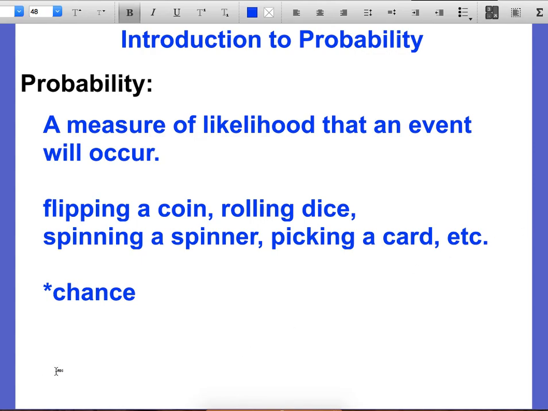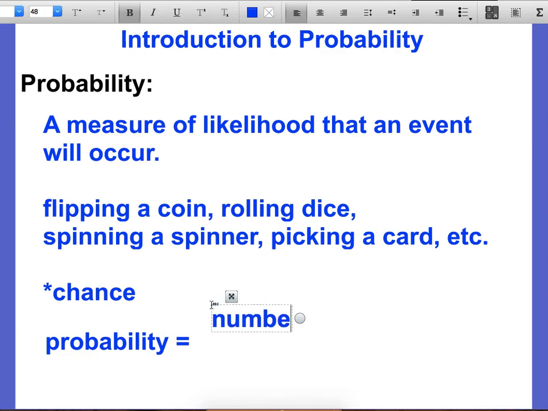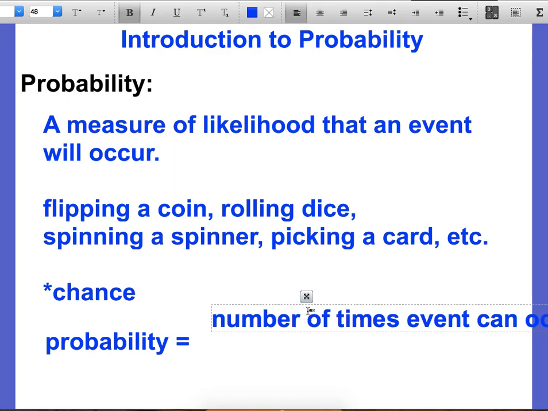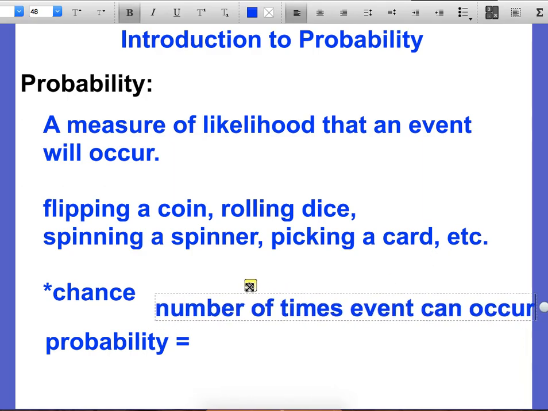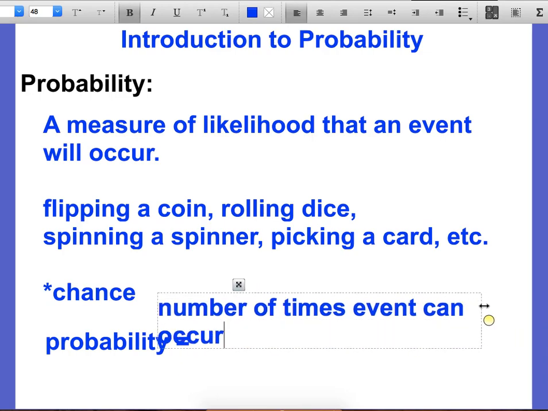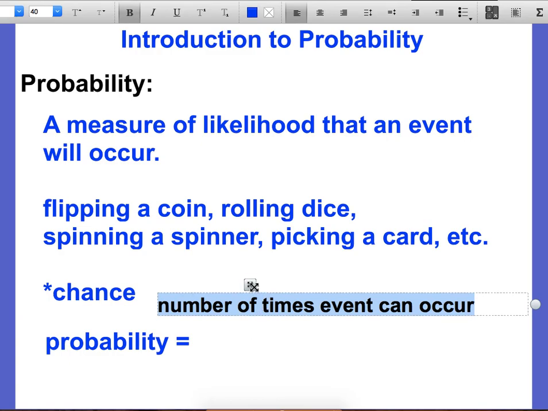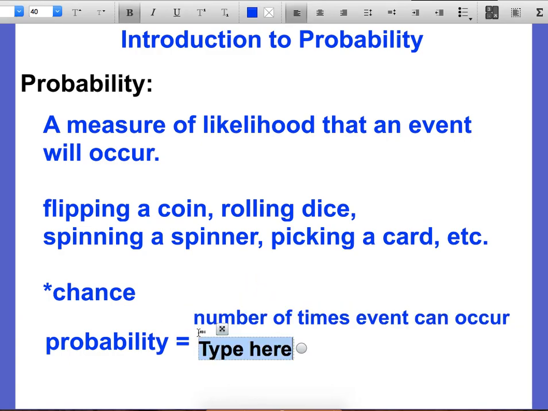We also have an equation for probability to help us remember it. So probability equals, and we're going to have a ratio here. It's the number of times an event can occur over, we're going to have a fraction here.